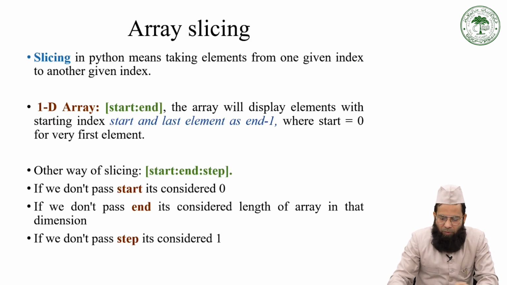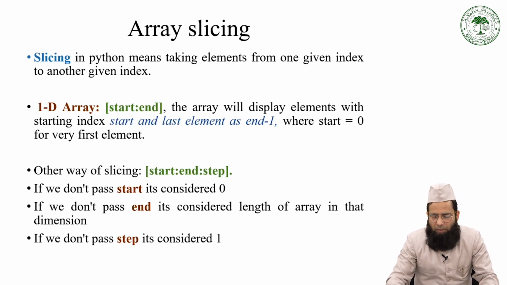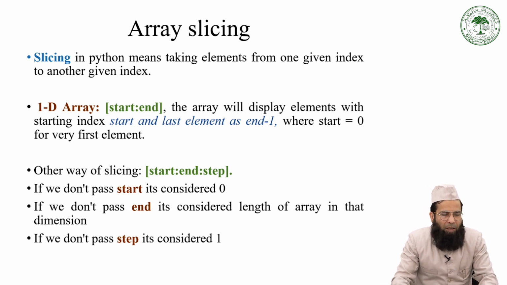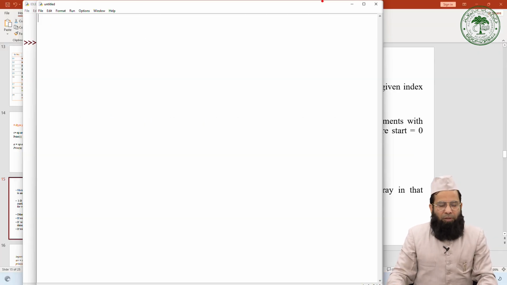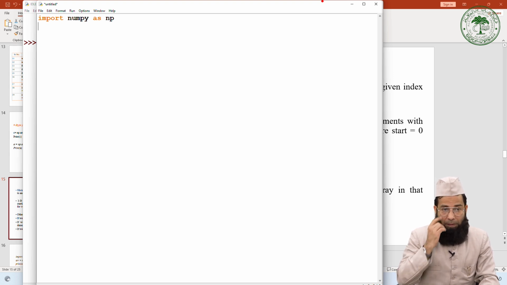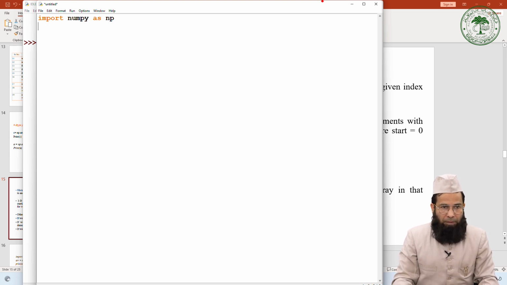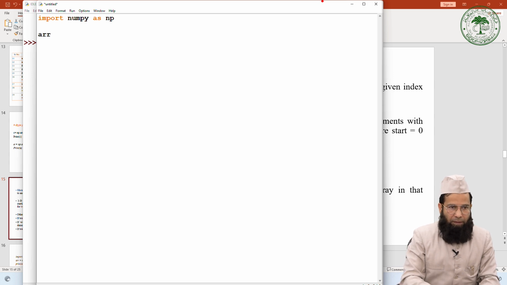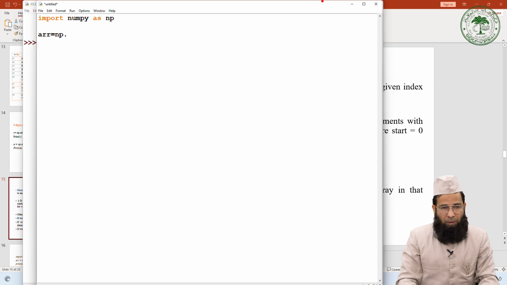So let me switch to IDLE, where I would explore how to create a NumPy array and how to change its shape and so on. I'm switching to IDLE. So here I'm trying to create a NumPy array. First I need to import NumPy as np, right? And I have to create a NumPy array, np.array.